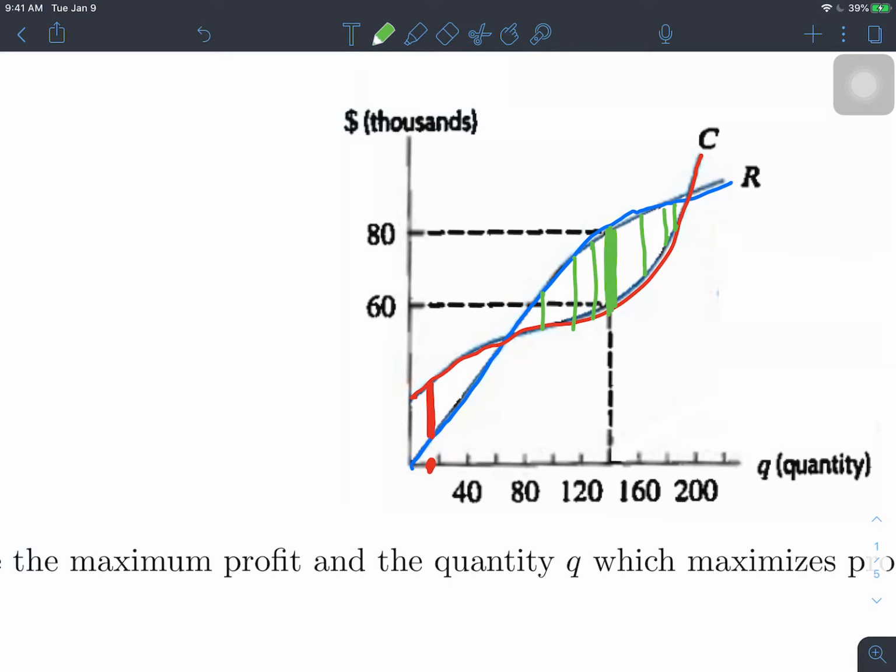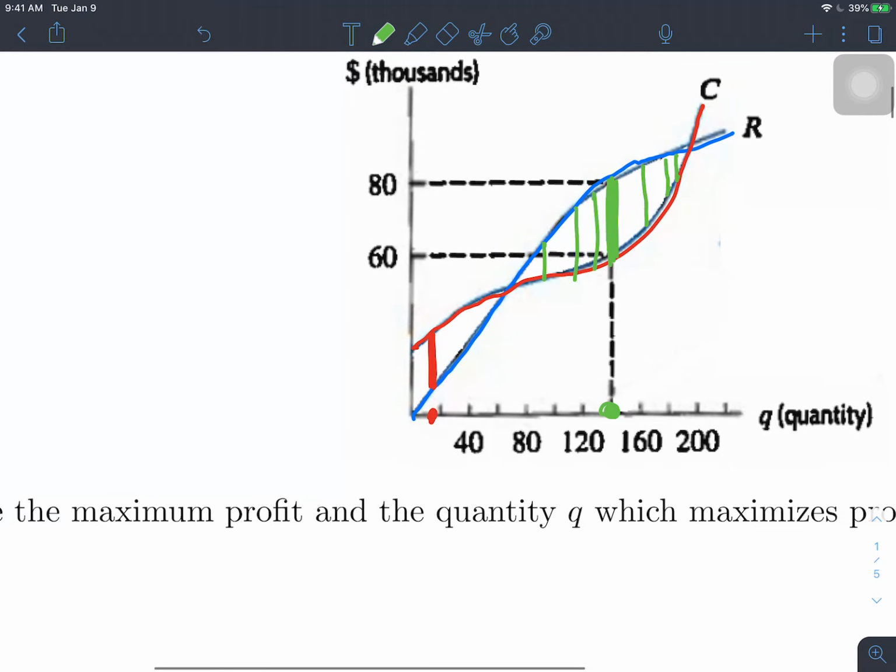Okay, so when does that happen? That happens when Q is equal to 140. And we have a corresponding revenue of 80,000 and a corresponding cost of 60,000.